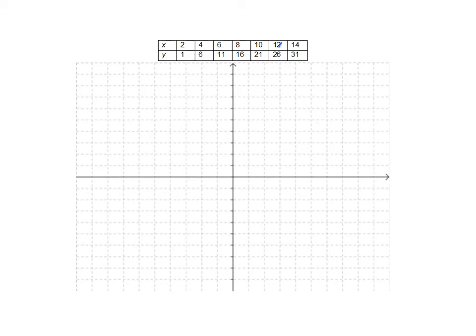All right, here we have another set of data. And this time my x values go up to 14. So let's label my axis, x and y. All right, if I go by ones, I won't be able to make it to 14. So what would be a good number to use?